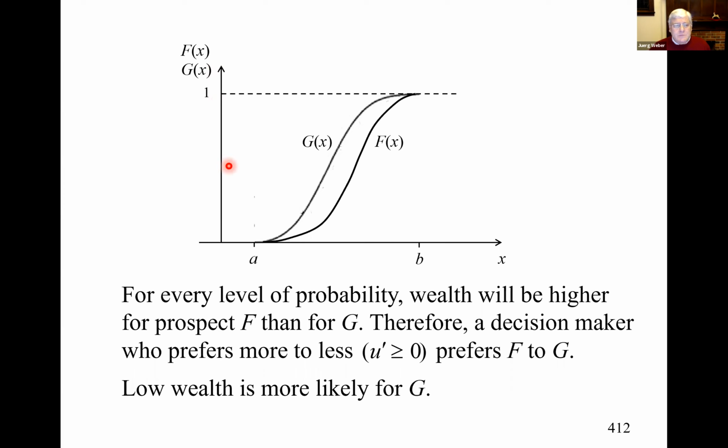So for any probability, the X value for F is bigger than the X value of the G function. That X just stands for the wealth, so a decision maker who prefers more to less will prefer F to G.